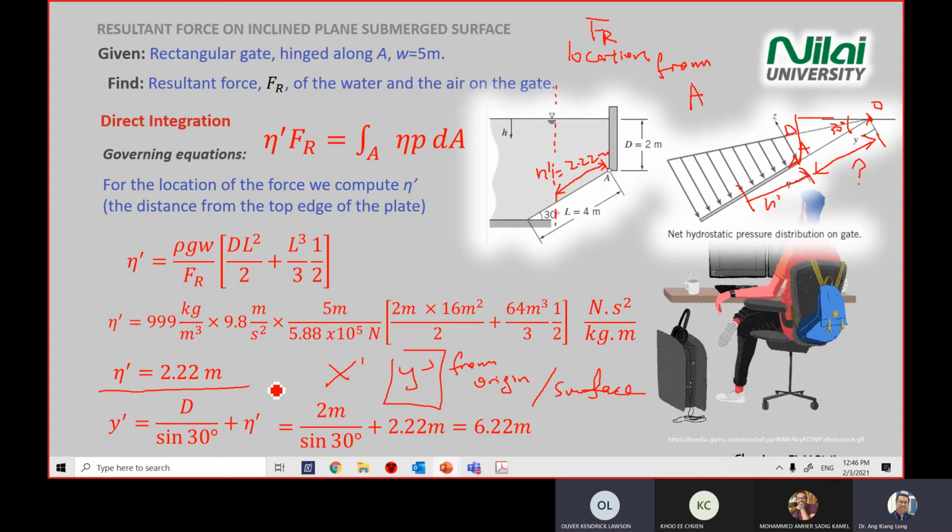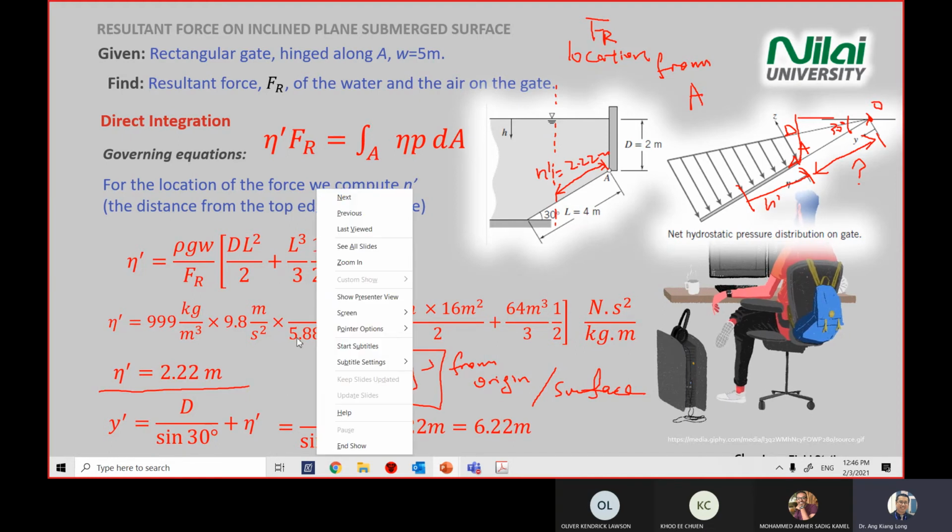If not, we just stick with the original value. Correct. So you need to be careful about what kind of answer the examiner wants to test you on. You have to show what you're calculating, and then you give the answer that the examiner wants. Then you will score the marks.